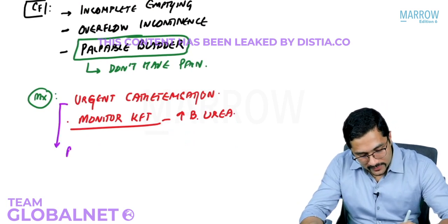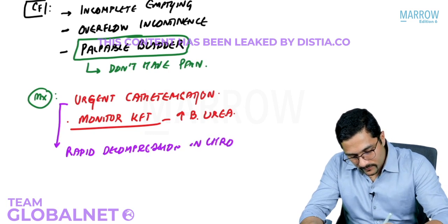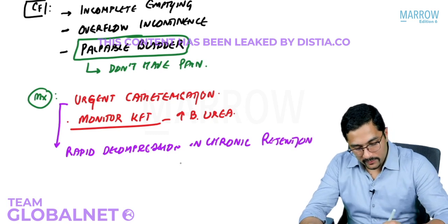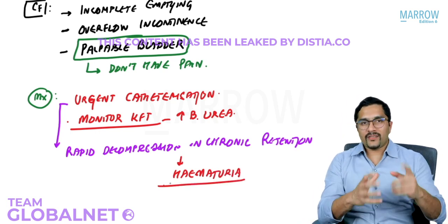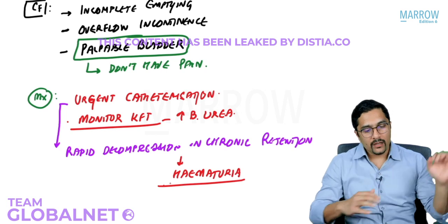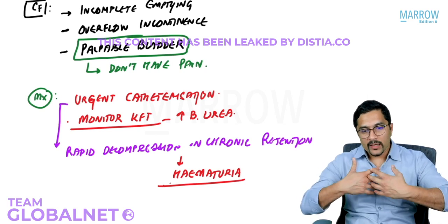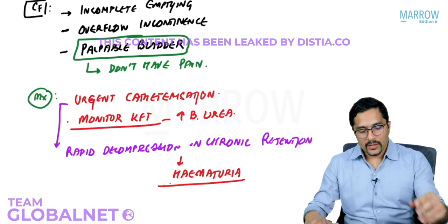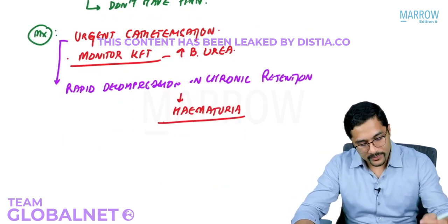Also, you should know that when there is rapid decompression in chronic retention, that can also give rise to hematuria. There can be bleeding. So when we were residents, we were taught that if you get a patient with chronic retention, put in the Foley's, decompress, but then intermittently clamp it. Don't decompress all of a sudden, otherwise there can be massive hematuria. So keep on clamping in between so that major hematuria does not occur. Some amount of it can still occur even if you clamp.